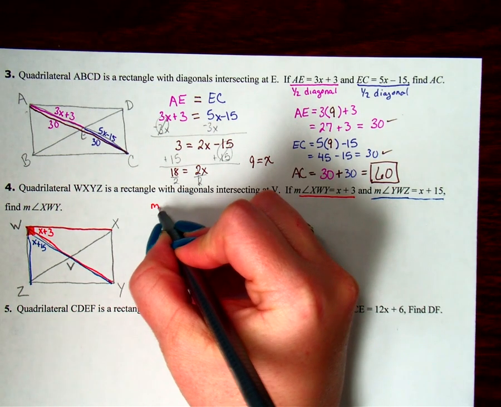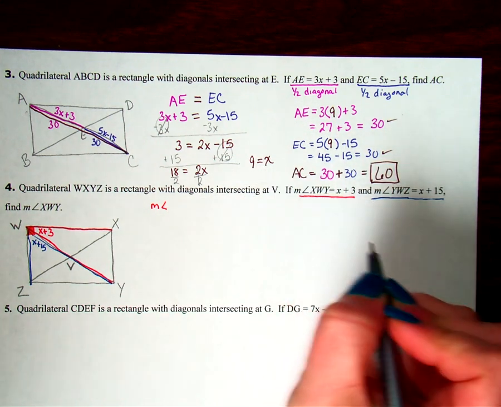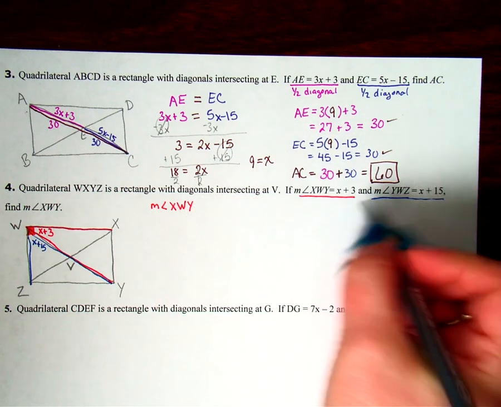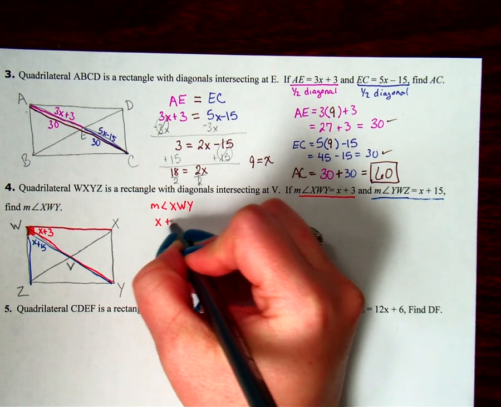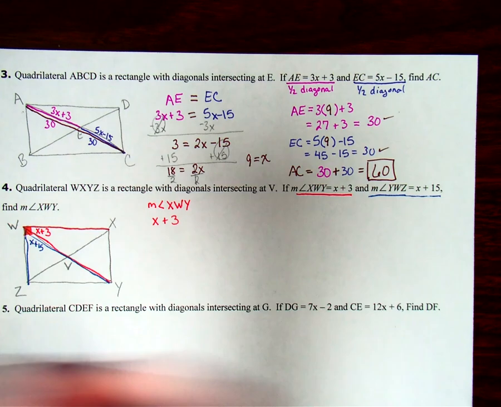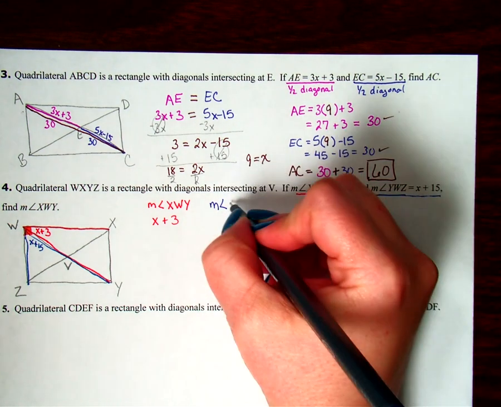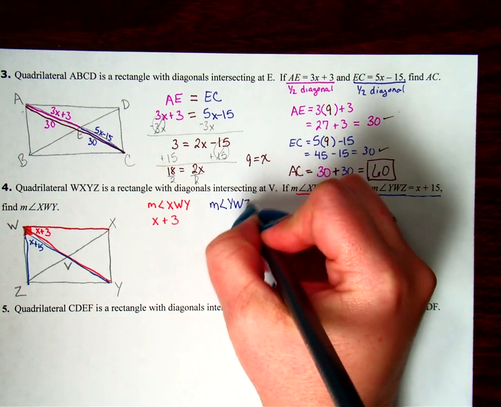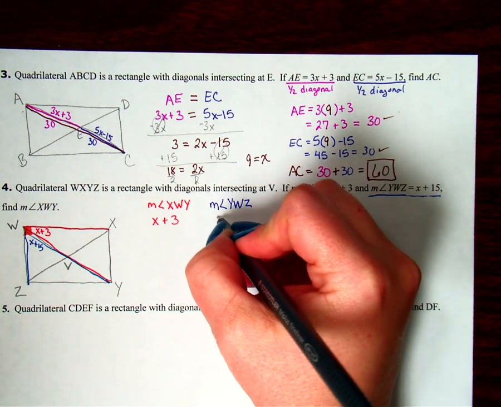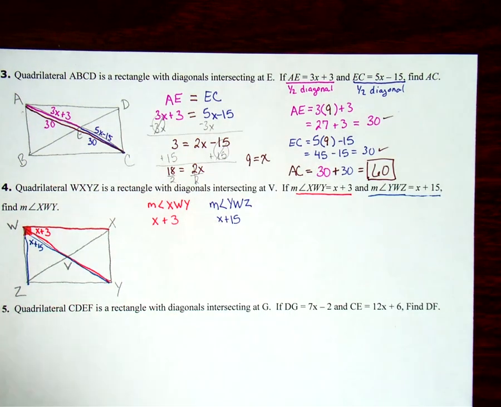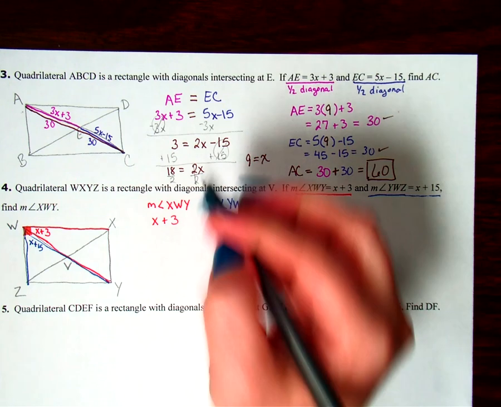So the measure of angle XWY, which is x plus 3, and the measure of angle YWZ, which is x plus 15, I know together they are complementary.